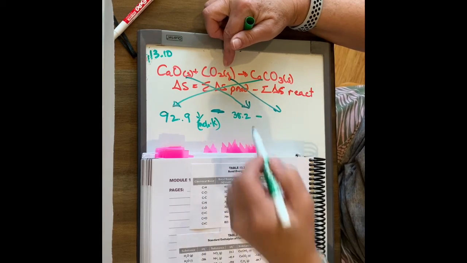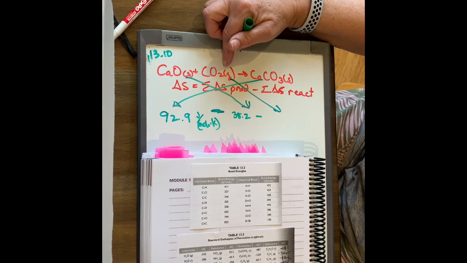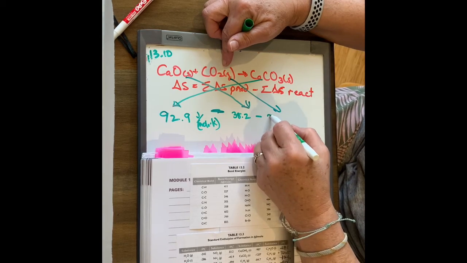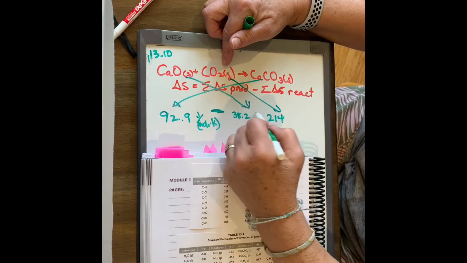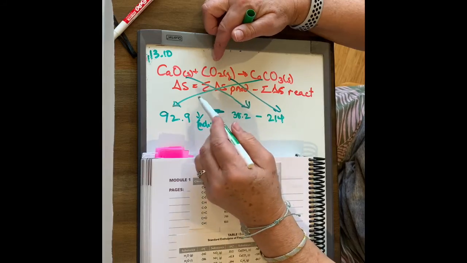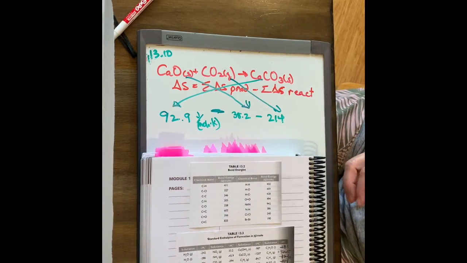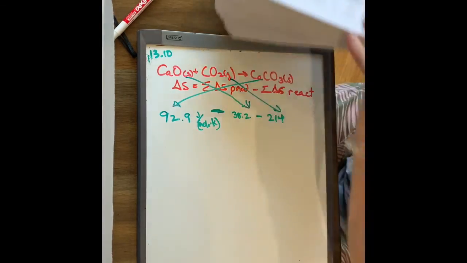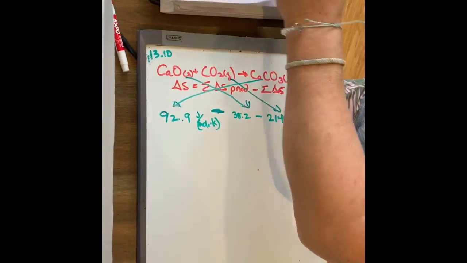And now we have to find CO2, which is a gas, minus 214. So remember, I'm minusing these two because they are the reactants and they need to be subtracted from the products.